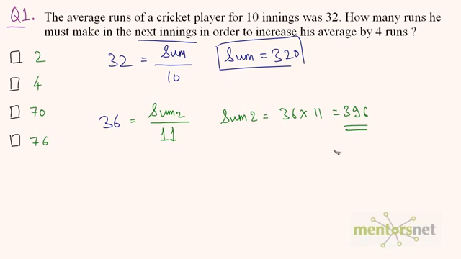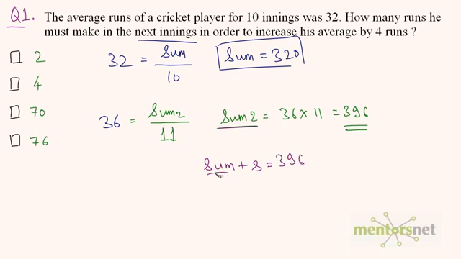So we have the sum of first 10 innings as 320 runs, and we have the sum of runs of first 11 innings as 396. The sum of runs for first 11 innings will be equal to the sum of runs of first 10 innings plus the sum of runs of the 11th inning, and we have that as equal to 396.